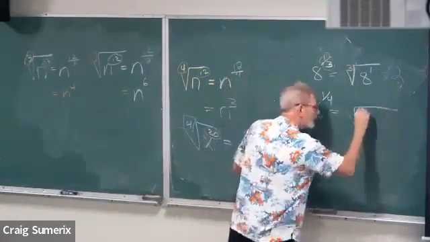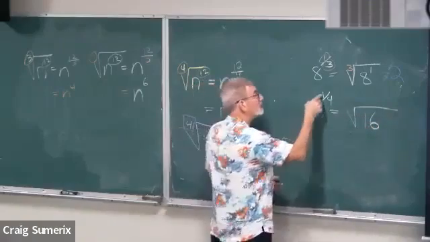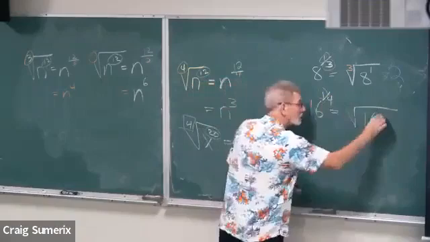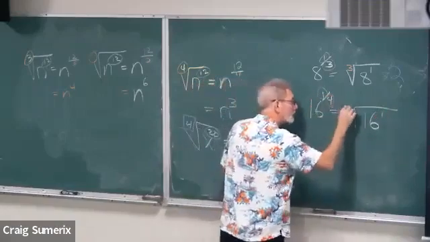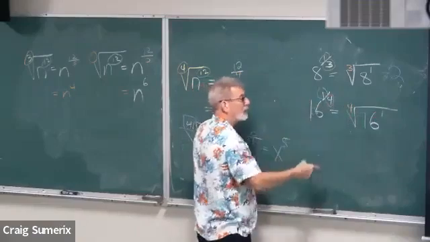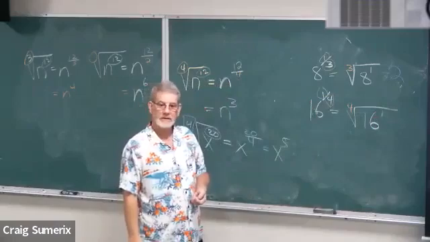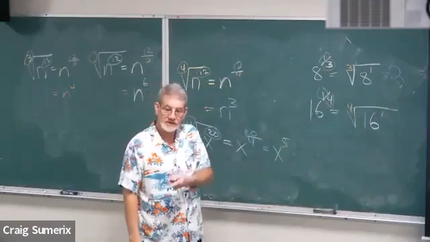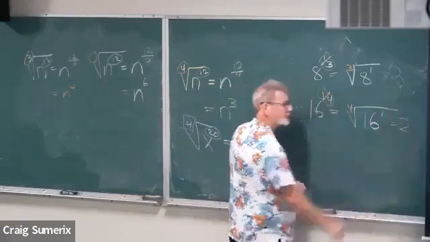Let's rewrite it back as a radical. The top number goes inside, bottom number outside. 16 to the 1/4 power is the same thing as the fourth root of 16, which happens to be 2 again.